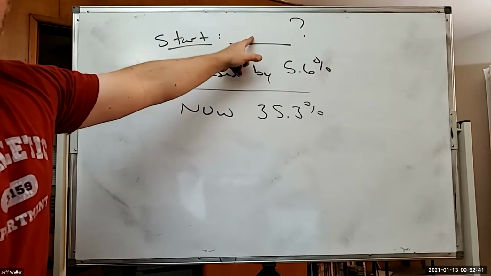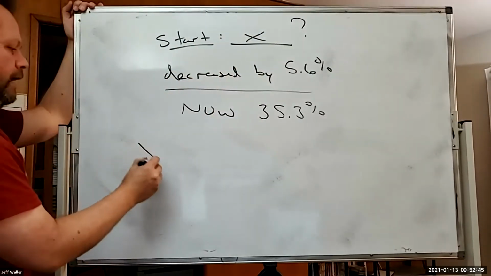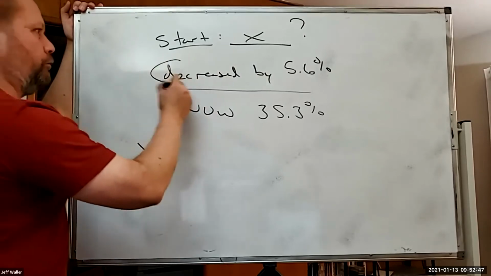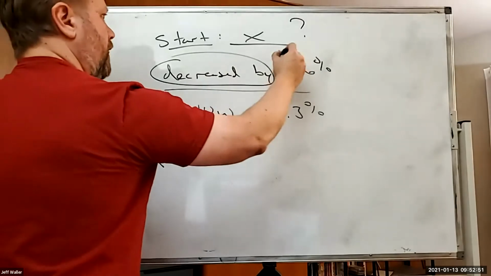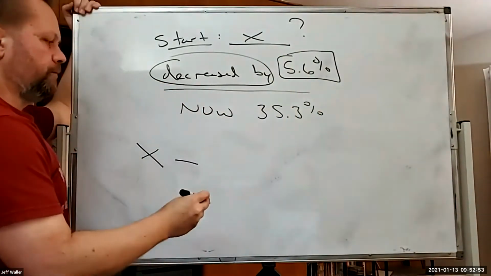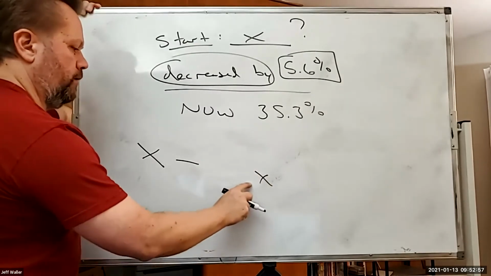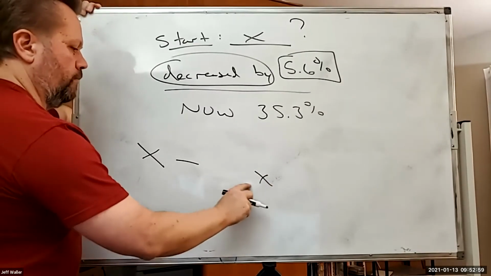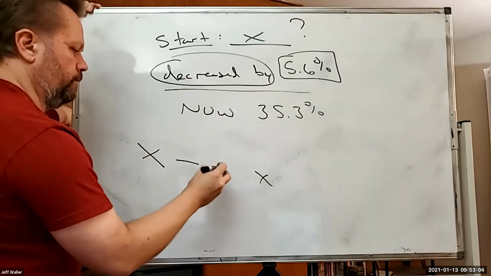So I started at X and I decreased by 5.6% of what? X. Good. So what am I going to put right here? 5.6% is written as 0.056.